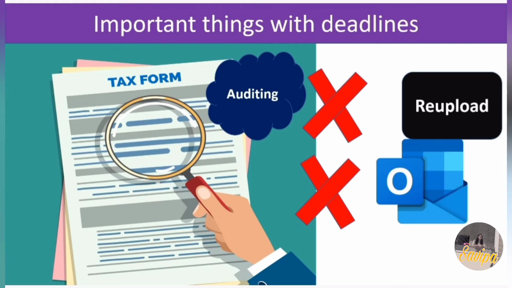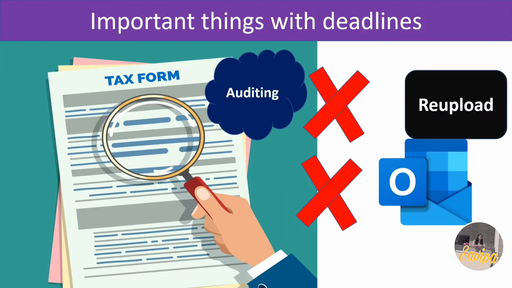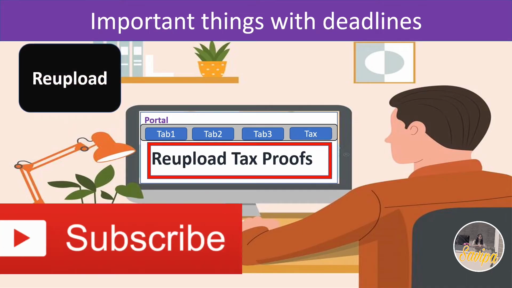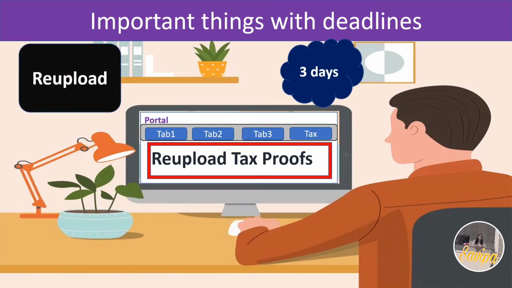So in that mail you have to cross check, okay? Please be careful here. In that mail you have to see which documents went wrong, and they will provide you only 3 days of time, and these 3 days also include public holidays, okay?